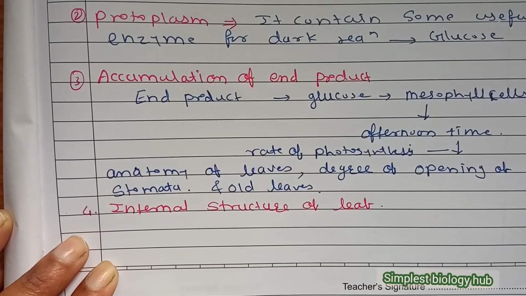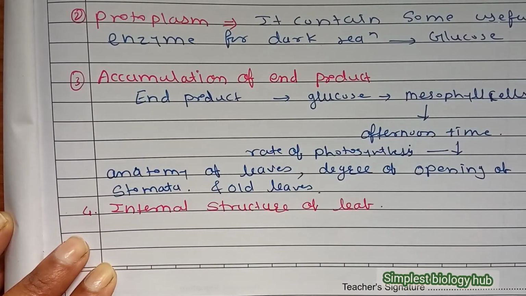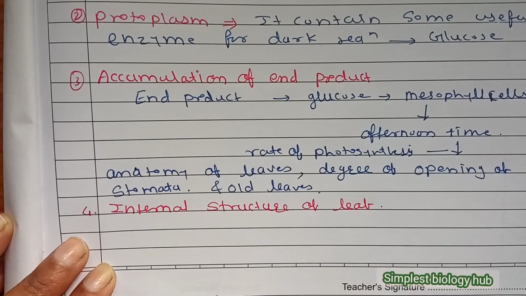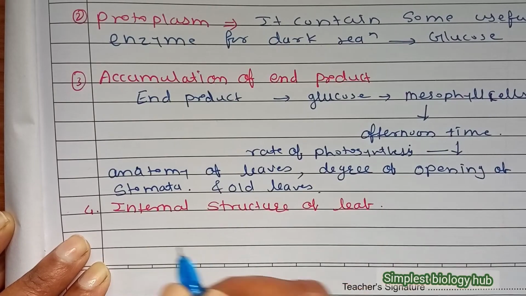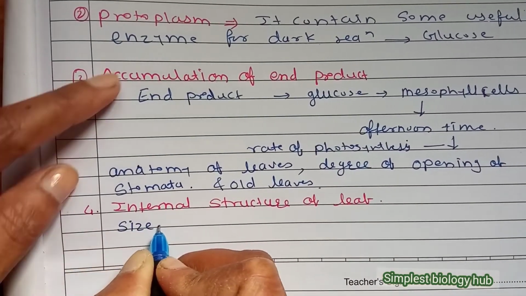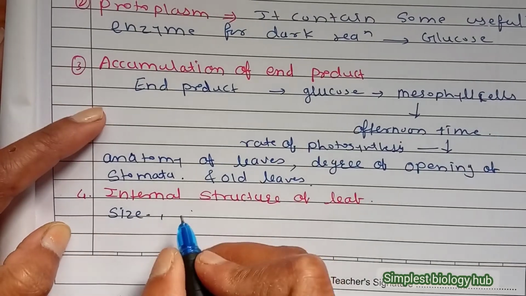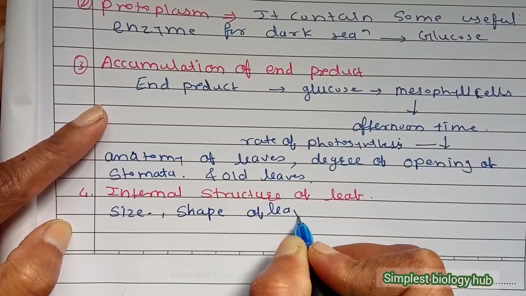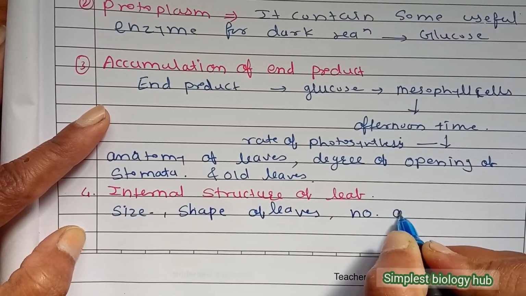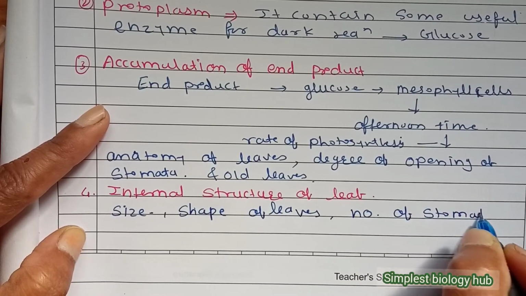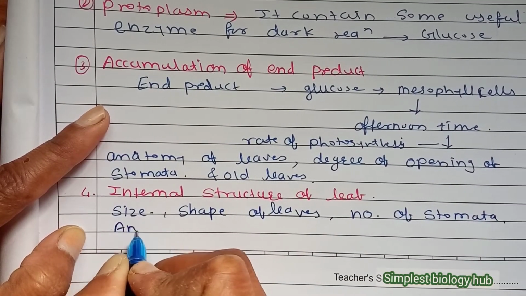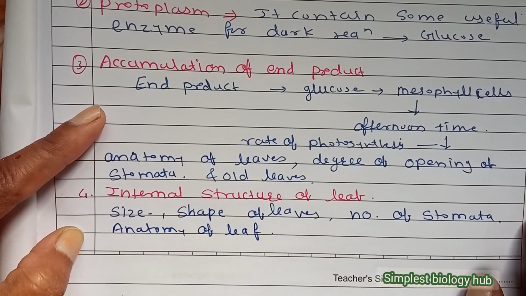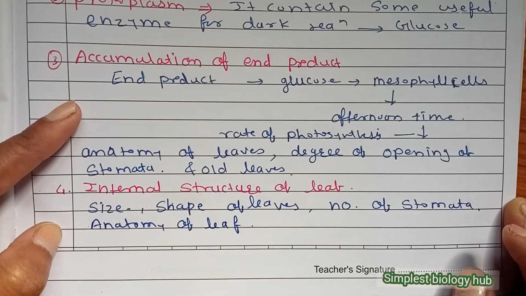We already talked about it before. When we talk about the internal structure of the leaf, the factors that affect it are size and shape of leaves, number of stomata, and anatomy of leaf. All these factors also affect the rate of photosynthesis.